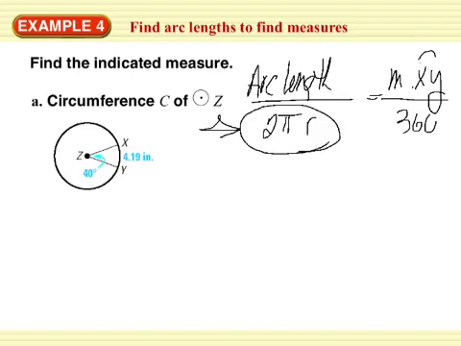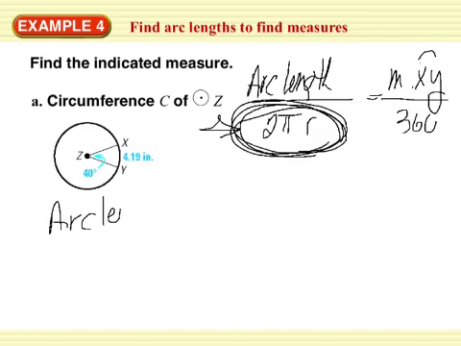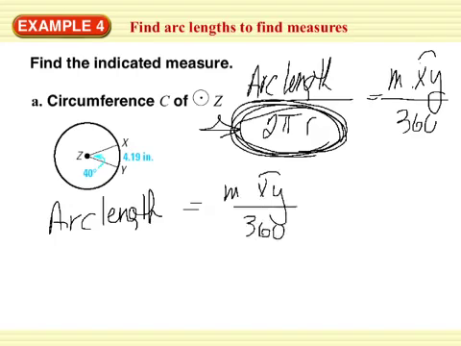If I want to get the 2 pi r by itself, I'm going to say arc length equals the measurement of the arc over 360 times 2 pi r, which is your circumference.